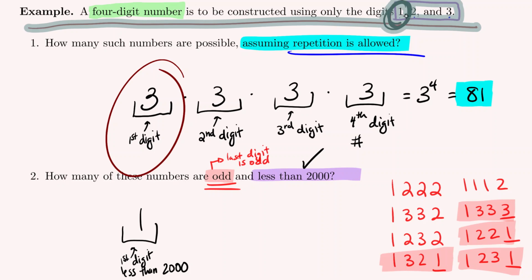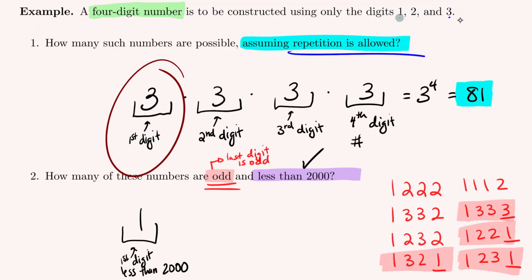Now we had 3 options to begin with that we could choose from, 1, 2, or 3. How many of these 3 options are odd? 1 and 3. So basically, if I want my 4-digit number to be odd, I cannot have a 2 as the last digit because that will make the 4-digit number even no matter what the earlier digits were.